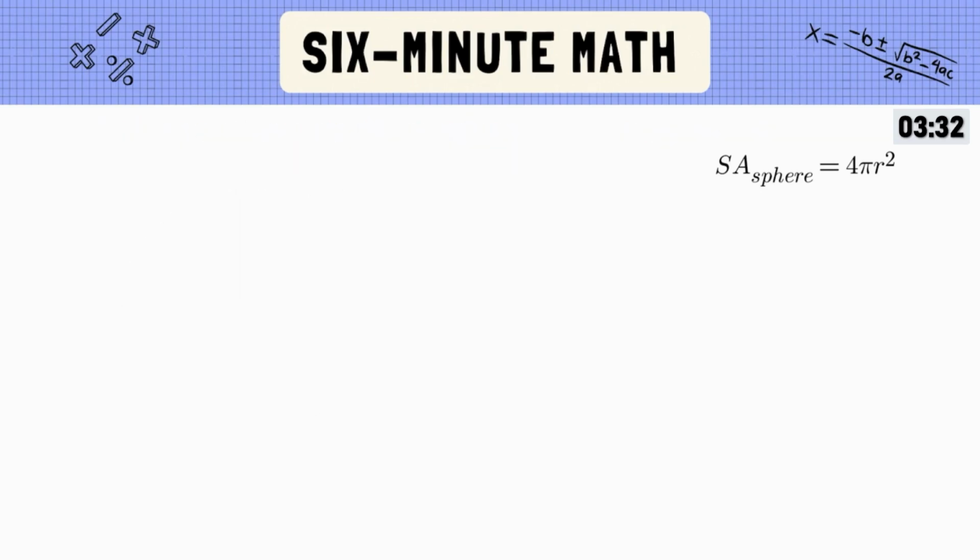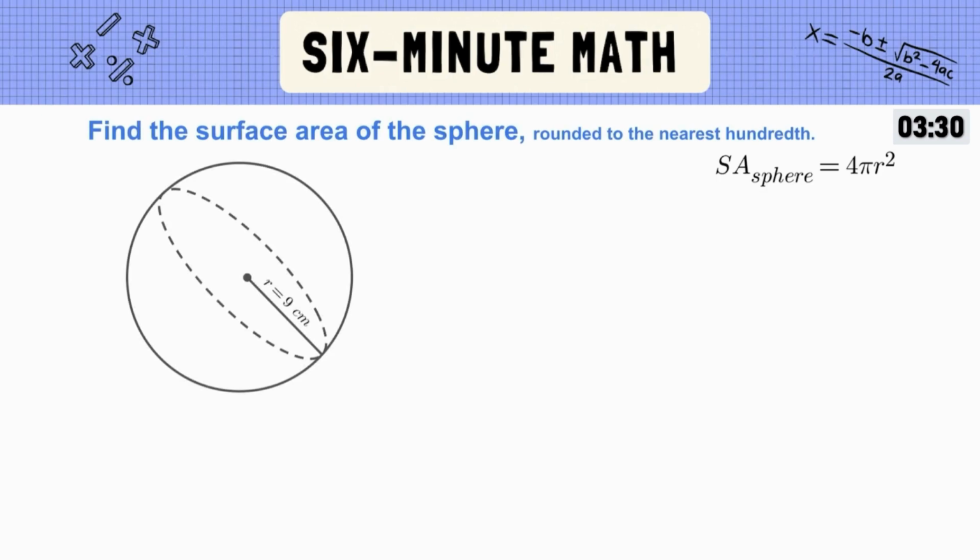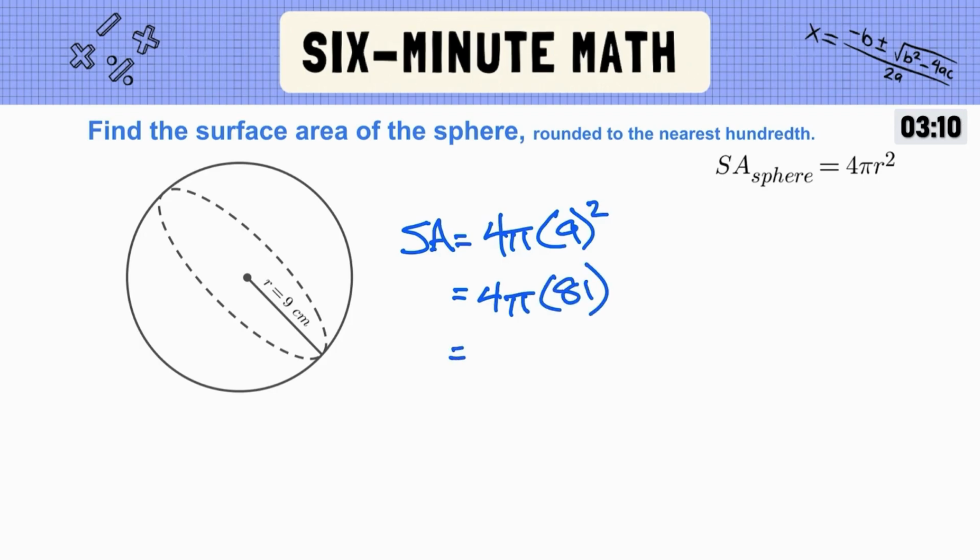How about another example? We're going to find the surface area of the following, and this time we have a radius of 9. So same thing, I plug my number into my formula, 4 times pi times 9 squared. This is just 4 times pi times 81, which is also the same as pi times 324.